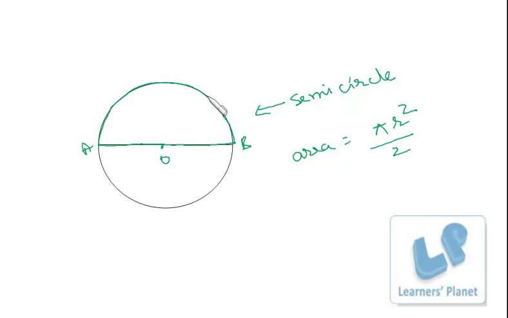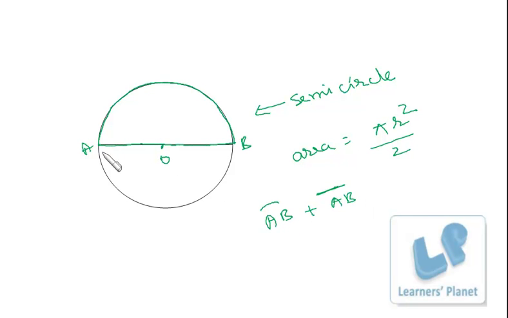But the perimeter will be different, right? Now perimeter of semicircle will be what? It will be arc length AB plus straight line AB. So it is arc length AB plus diameter of the circle, that is length AB.